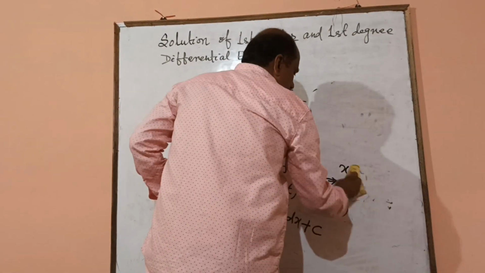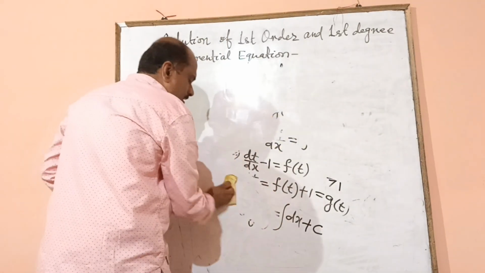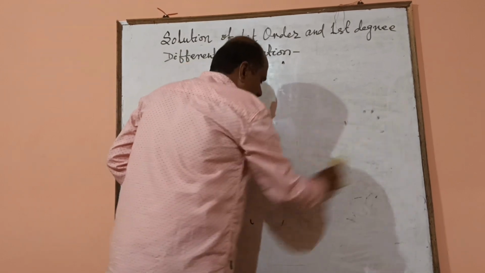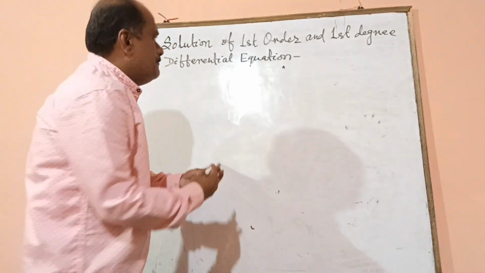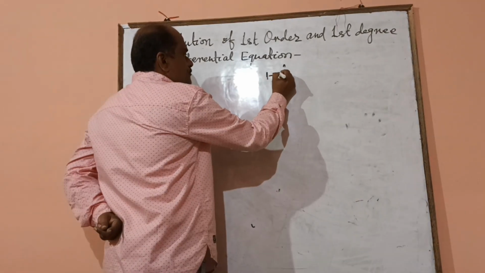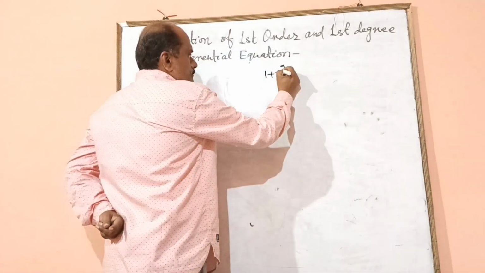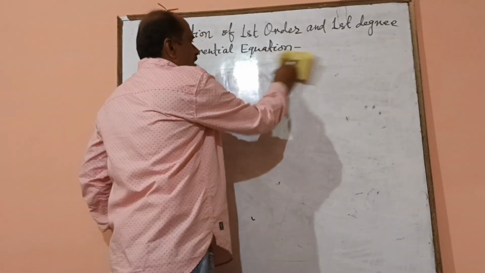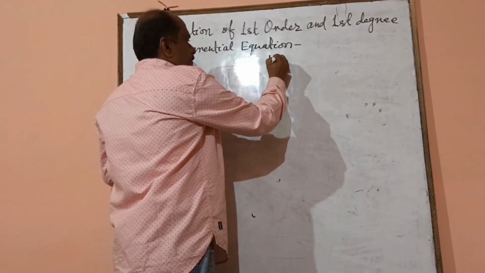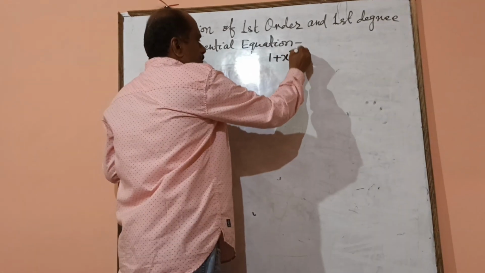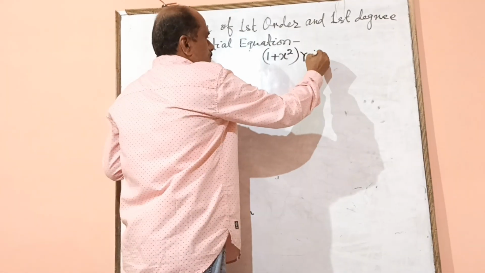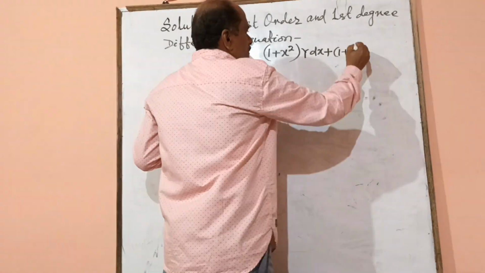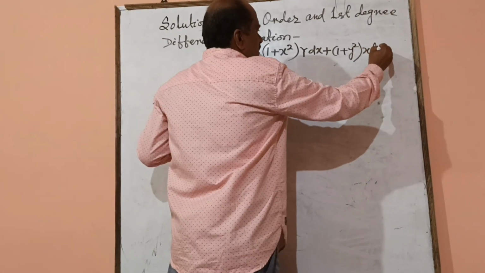Let us consider a differential equation: (1 + x^2) y dx + (1 + y^2) x dy = 0.